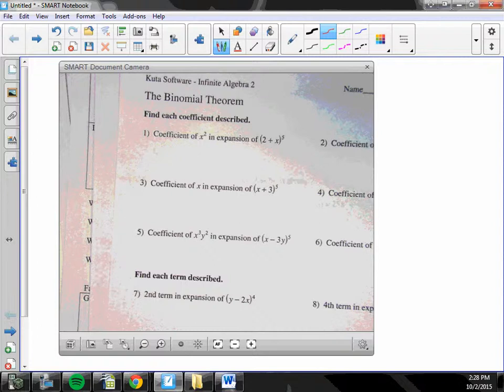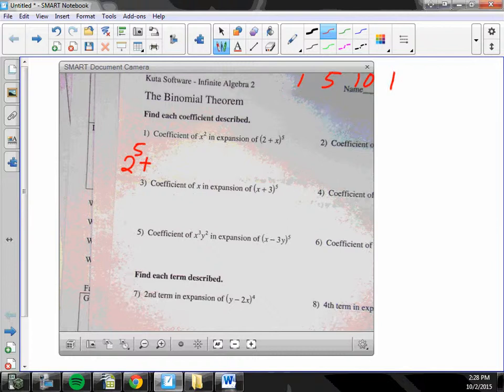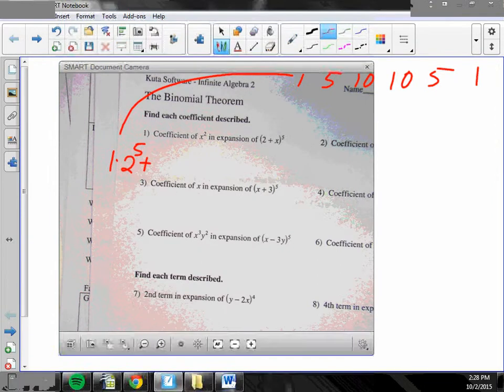So we're going to have 2 to the fifth plus, and if you look at Pascal's triangle, the coefficients are 1, 5, 10, 10, 5, 1. So I pull down the 1 times 2 to the fifth. For the next term, I'm going to bring down the 5.